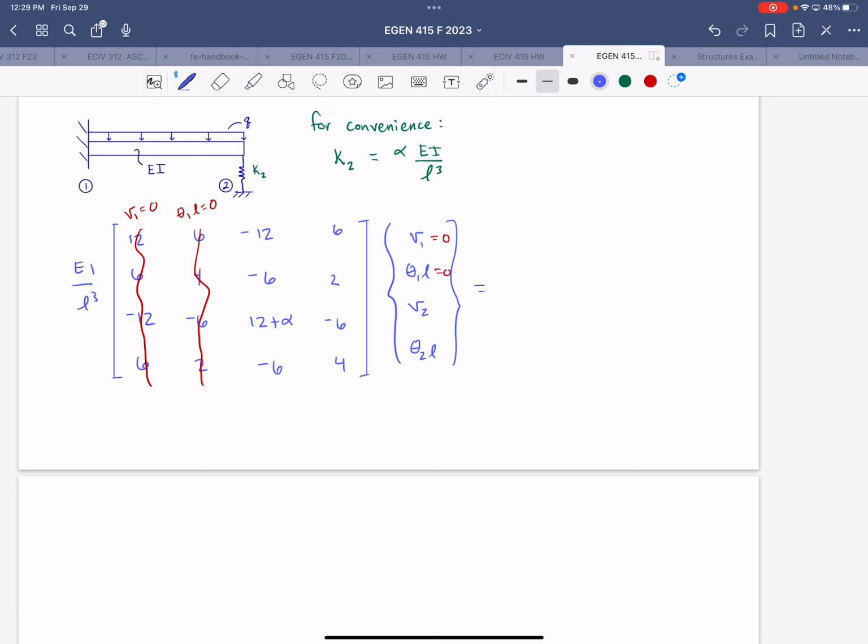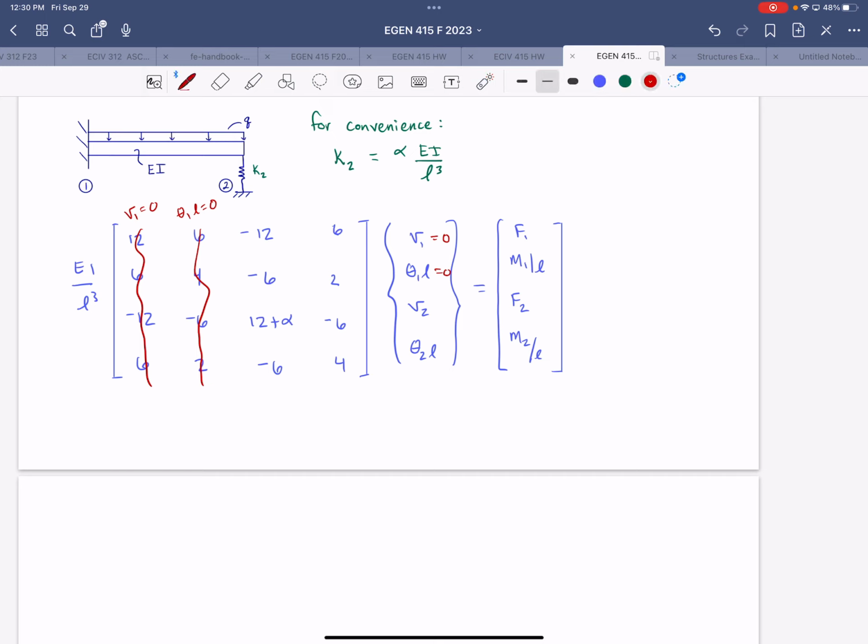And then on the right side of the equation, we'll list our forces and then make a note of what we know and don't know there. All right, so at node 1, fixed support, we don't know those reaction forces, M1 and F1.